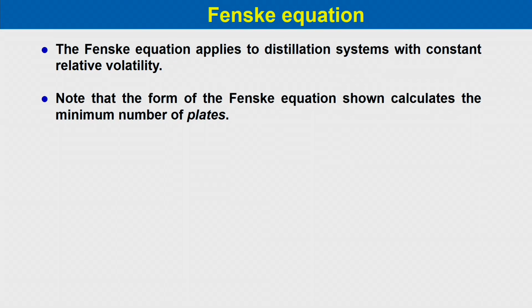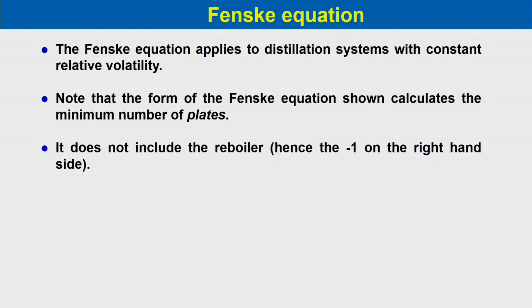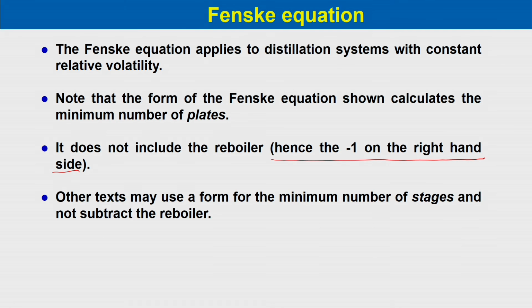Please note that the form of the Fenske equation shown calculates the minimum number of plates. It does not include the reboiler, hence the minus 1 on the right hand side of the equations derived earlier. Other texts may use a form for the minimum number of stages and not subtract the reboiler.